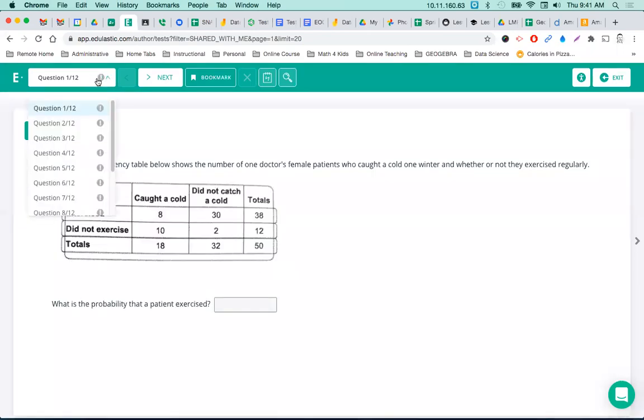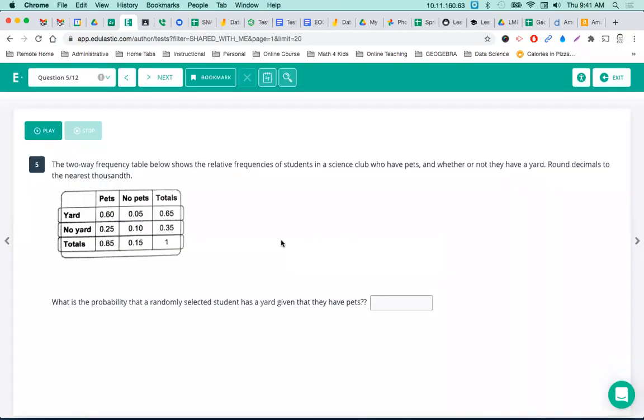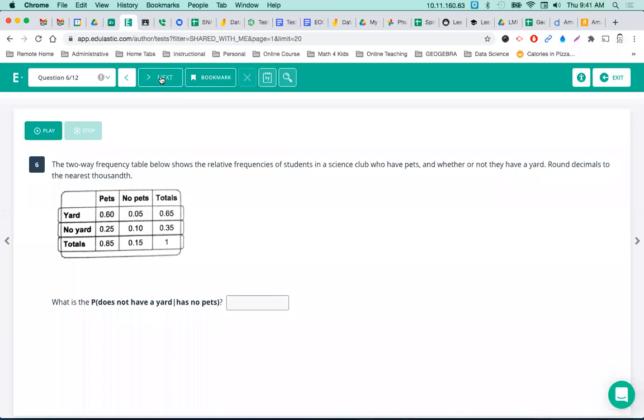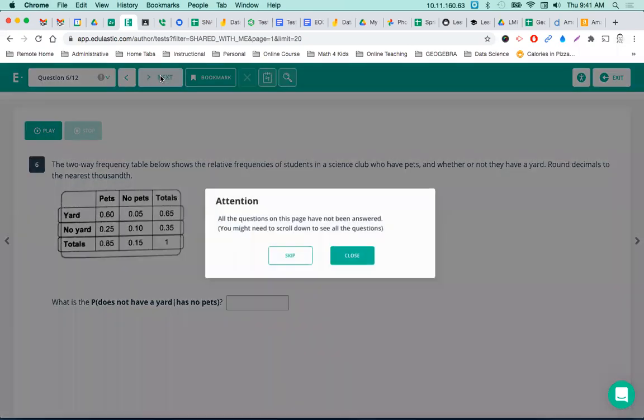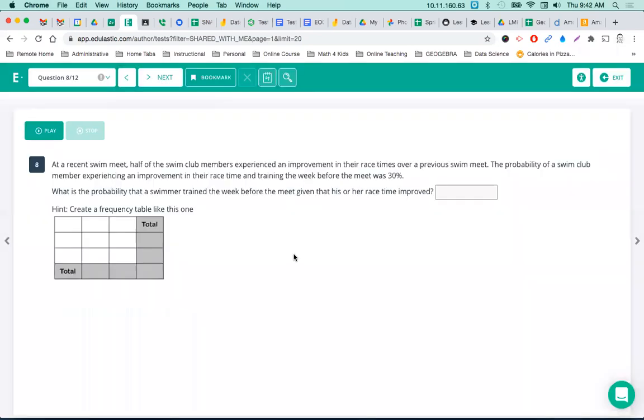All right, there we go. So this says at a recent swim meet, half the swim club members experienced an improvement in their race times over a previous swim meet.